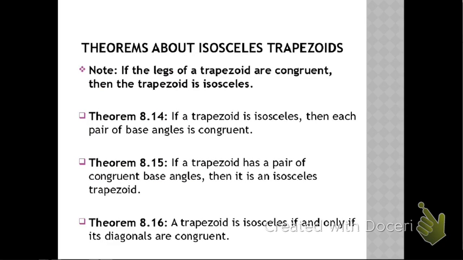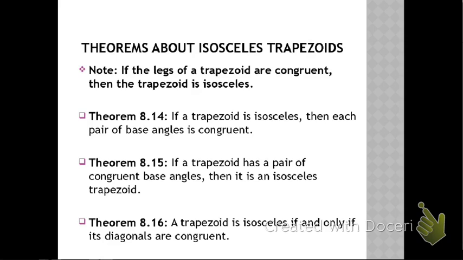Another one you might want to pause on. If the legs of a trapezoid are congruent, so remember the legs are the ones that are not parallel, then the trapezoid is isosceles. If a trapezoid is isosceles, then each pair of base angles is congruent. If a trapezoid has a pair of congruent base angles, then you know it is an isosceles trapezoid.